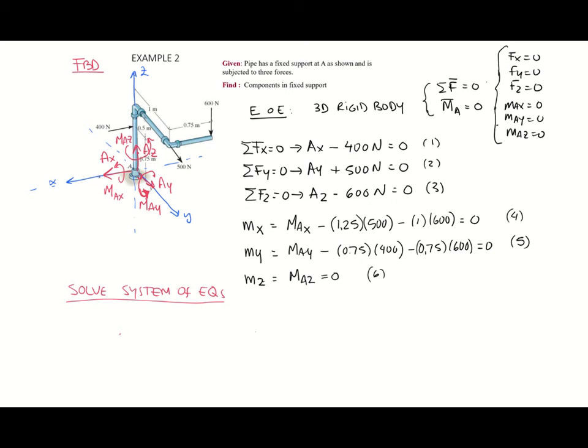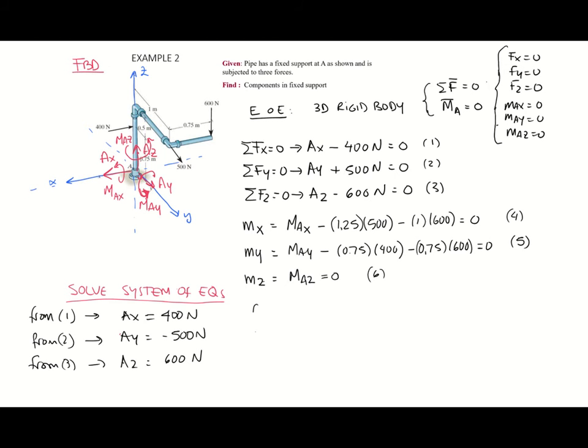From the first equation, we can solve for AX equals 400. From 2, we have that AY is equal to negative 500. From 3, we got that AZ is equal to 600.